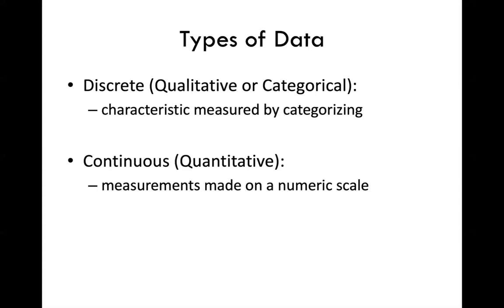These are variables that are characterized by being able to be placed into categories. That's why we often will just say categorical versus discrete. We think of discrete data as being more qualitative, versus the comparator here, continuous data, which we think of as being more quantitative.